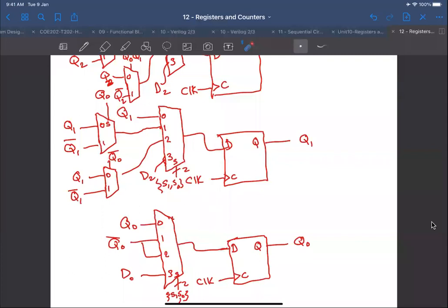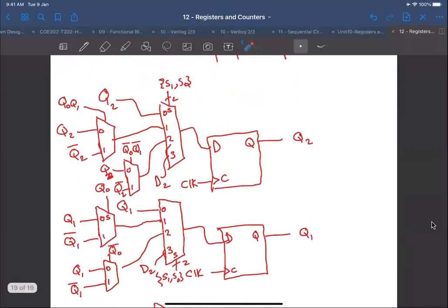If Q0 is 1, then we flip. If Q0 is 0, then we don't flip. Here, Q0 complement will tell us whether we toggle or not. If Q0 complement is 1, then we toggle. If it is 0, then we don't toggle. This is for countdown.